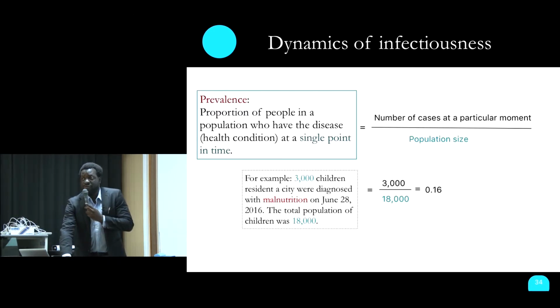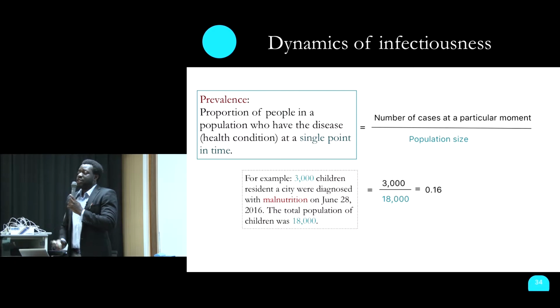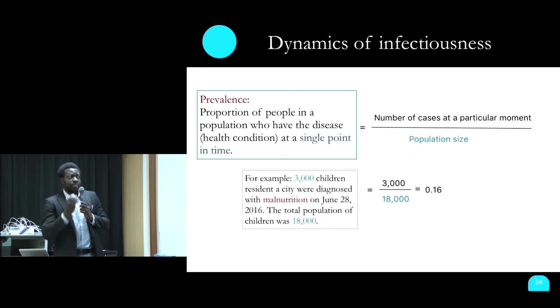I'm sure you are very familiar with epidemiology, and most of the time when we want to measure the frequency of diseases, we use the prevalence, for example, which is the proportion of people in a population who have a specific disease at a single point.